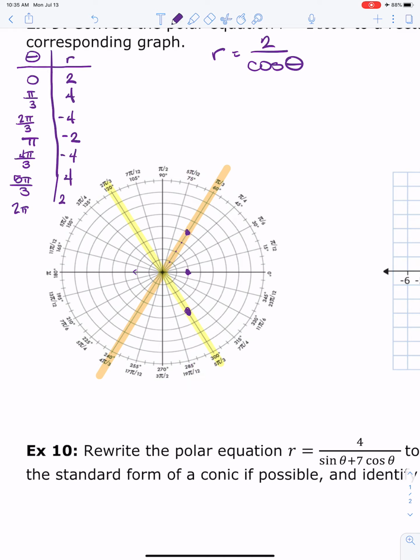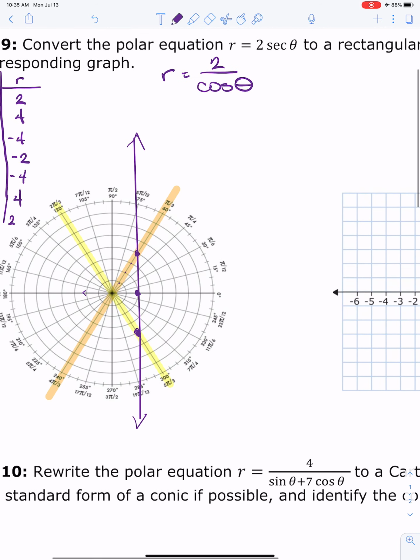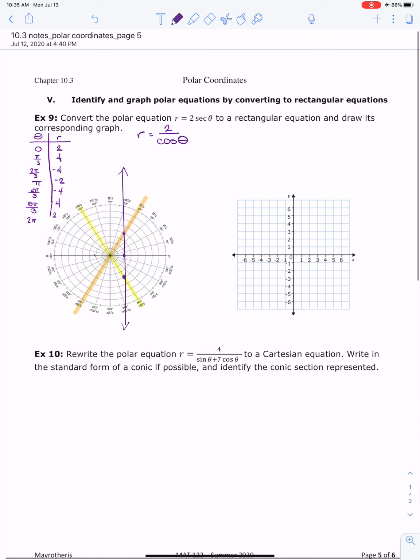Let's see if I can get a little better at this. Good enough. Okay. So straight over, that's 2. If I were plotting this on a rectangular coordinate grid, let's see what we got here.